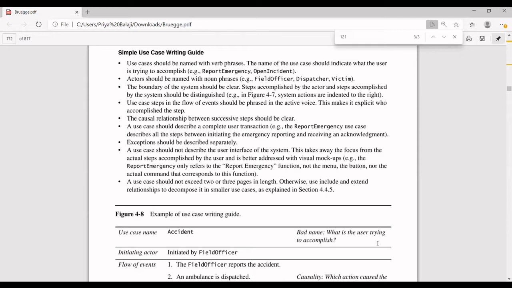Next, any use case should not exceed 2 or 3 pages. You can have 2 or 3 pages, but if it is more than that, you can divide one use case into another use case.